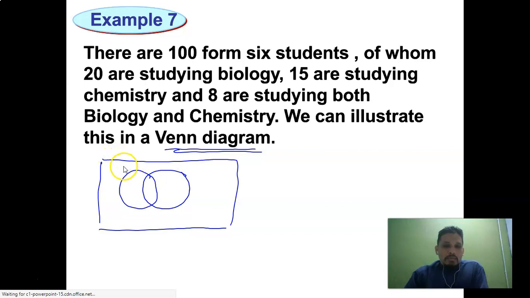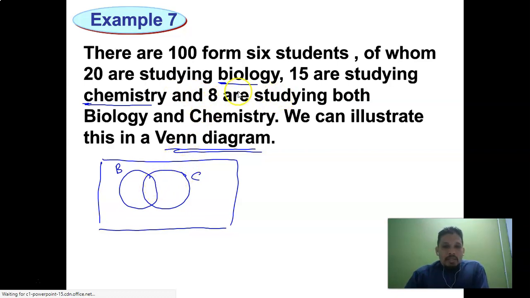This is, 20 are studying biology and chemistry. According to that, here B is biology and C is chemistry. So now 20 are studying biology, 15 are studying chemistry, and 8 are studying both biology and chemistry.